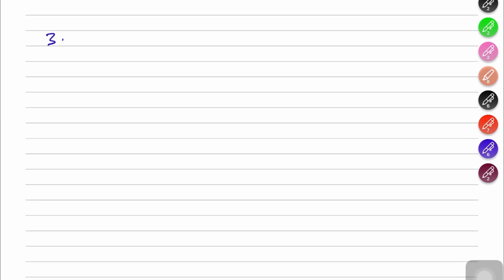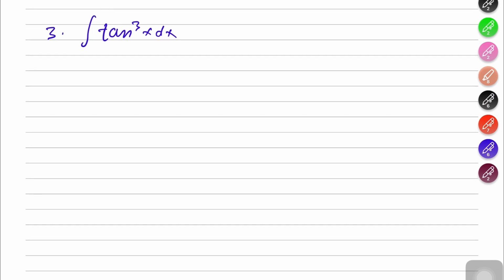Let's see the tan. Third is the tan cube x. There is no direct identity to convert a cubic into linear, but we can use a simple manipulation.